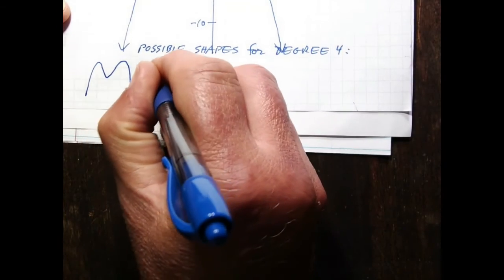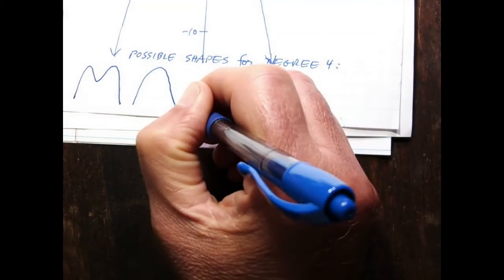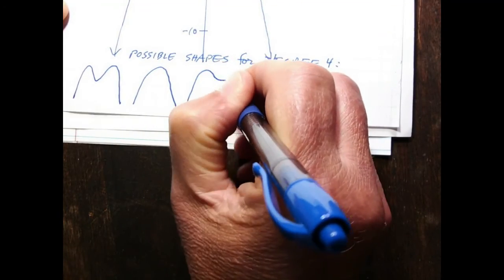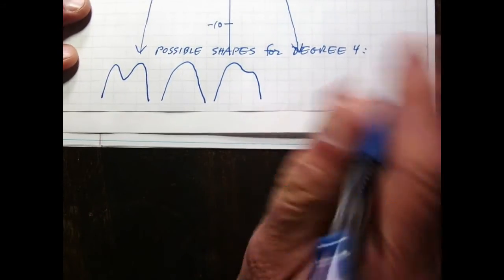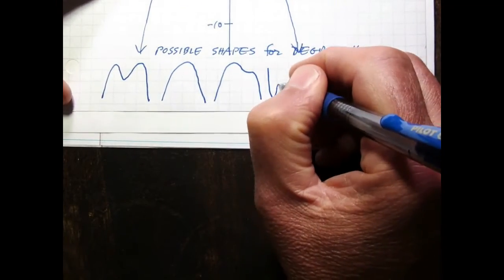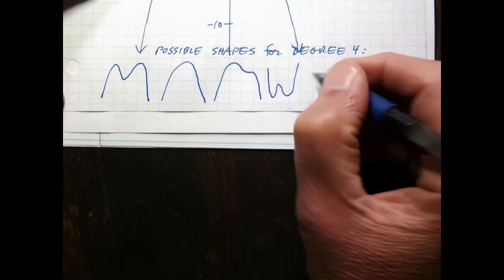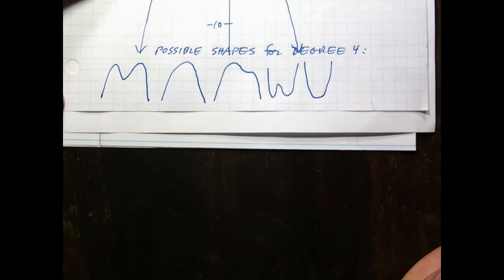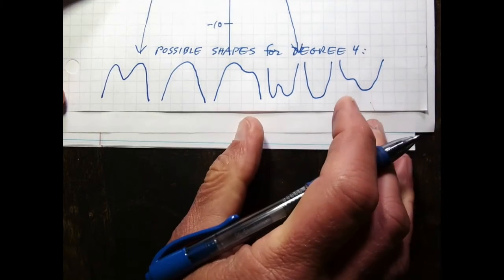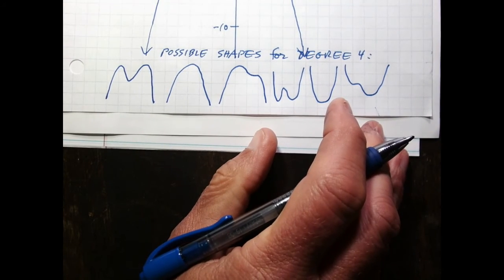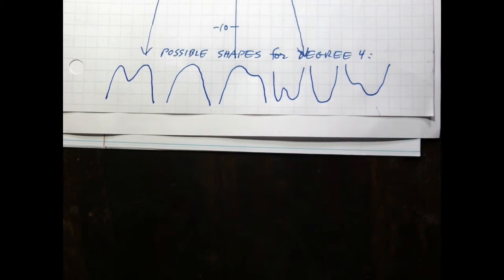We've also seen just like minus x to the fourth can look that way. Sometimes you're going to see something kind of like that. And you also have the reverse of these. So you can go like W shape, the positive x to the fourth shape, and a shape that sort of just has a lump in it.